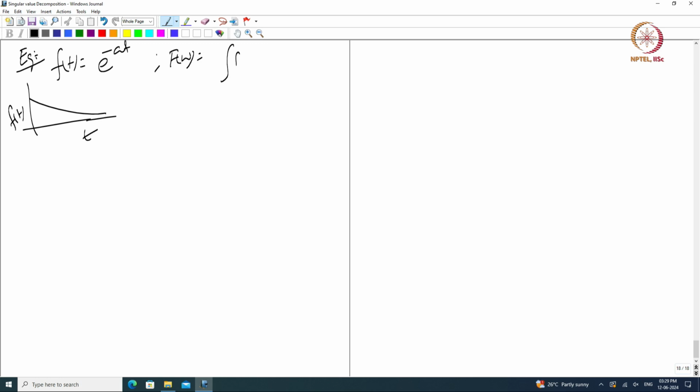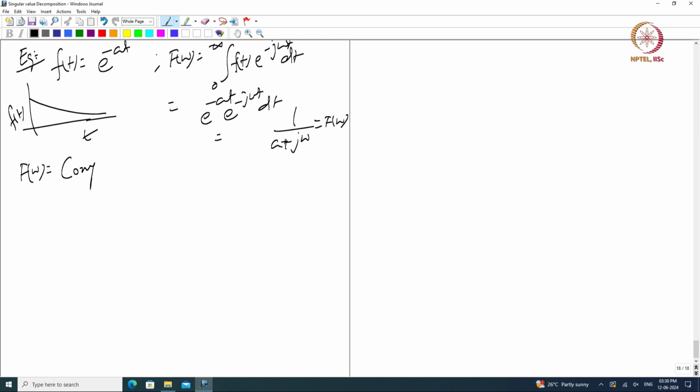It is integral f of t e to the power minus j omega t dt, that will give me e to the power minus a t, 0 to infinity, e to the power minus j omega t dt. If I work it out, I am going to get 1 over a plus j omega. This will be F of omega. F of omega is complex. Therefore, it will have a real part plus imaginary part.